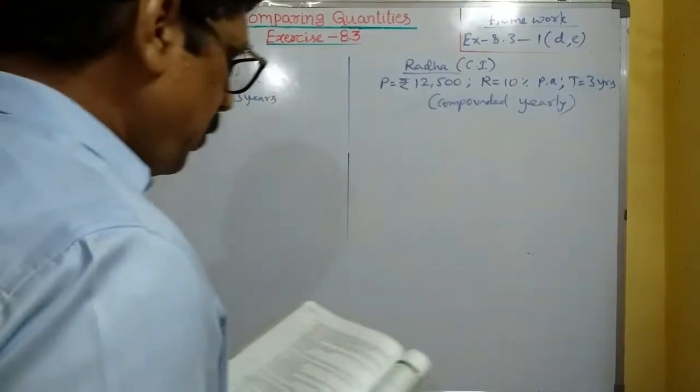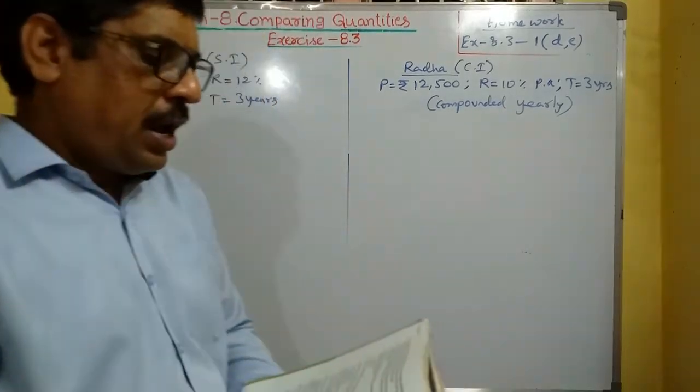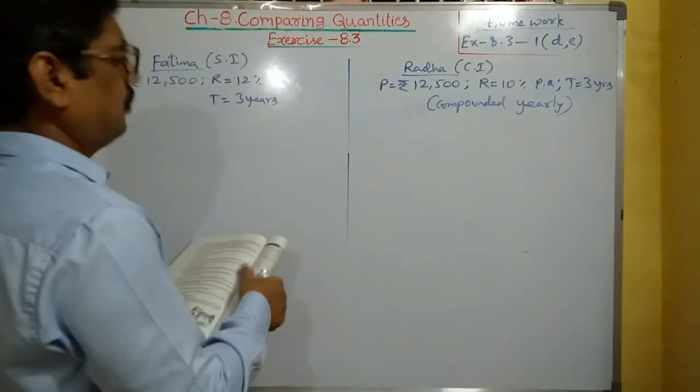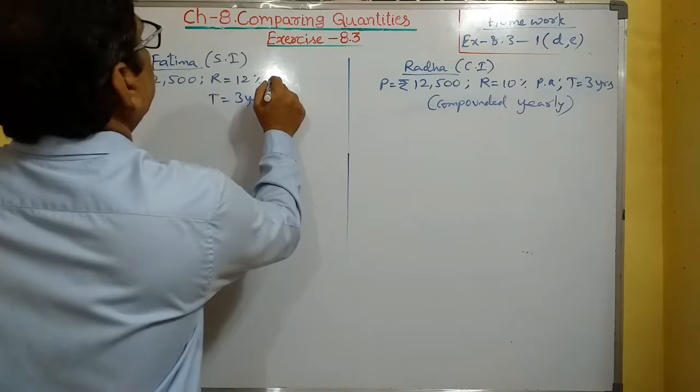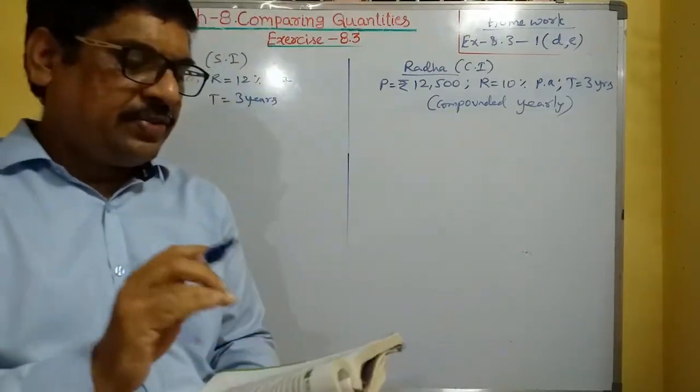Now listen to the third problem. Fatima borrows 12,500 at 12% per annum, for 3 years at simple interest.